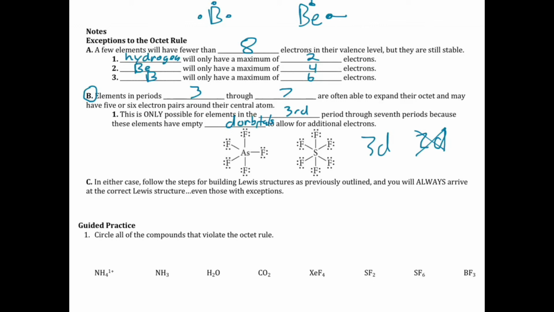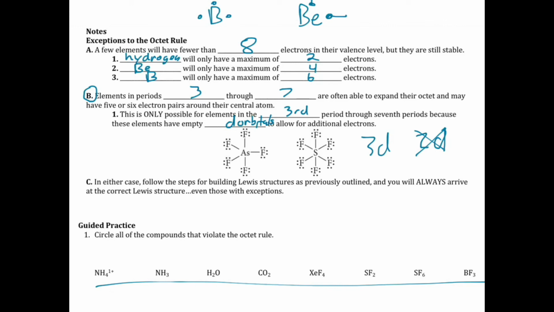All right, on the bottom here, I want you to pause the video, look at your notes, and answer these. Circle each compound that is violating the octet rule. I really want you to do this because there is a big mistake that people always forget, but when they see it, it's like, oh, that makes sense.